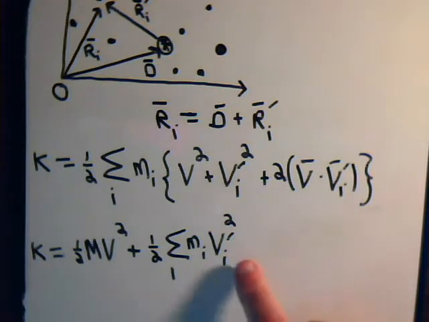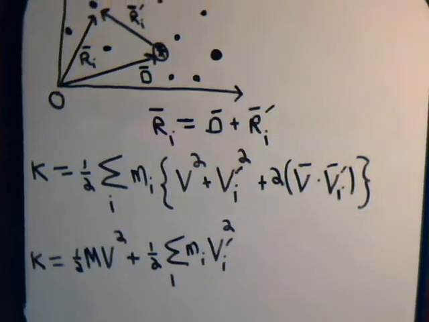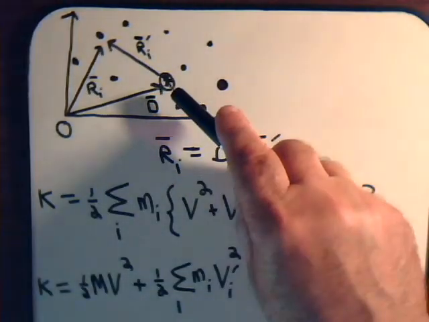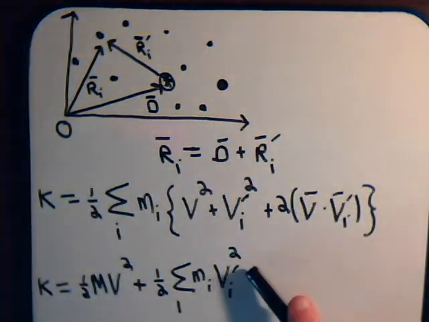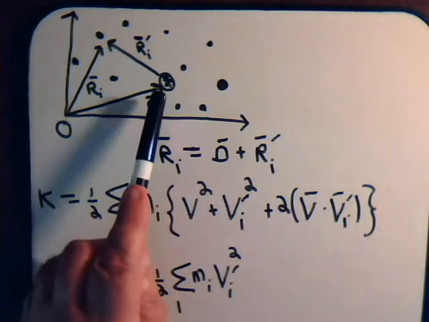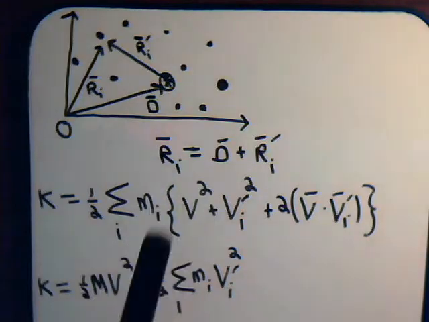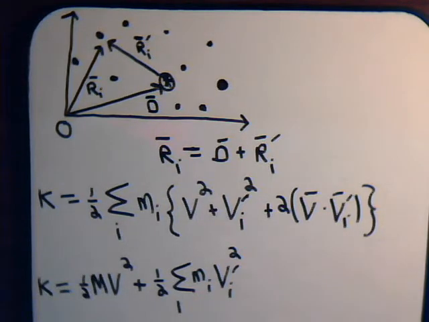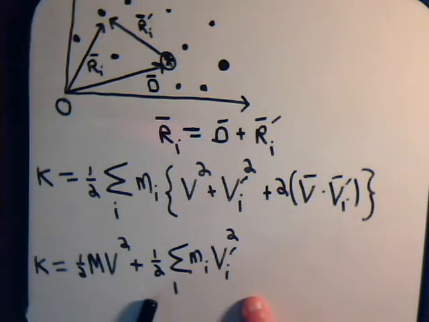Of course, vi prime is the velocity of any particle relative to the center of mass. We have vi prime squared multiplied by the mass of that particle. So this we can think of as the kinetic energy of the system relative to the center of mass of the system. If we were right here at the center of mass and we were trying to measure the kinetic energy, that is what we would have.